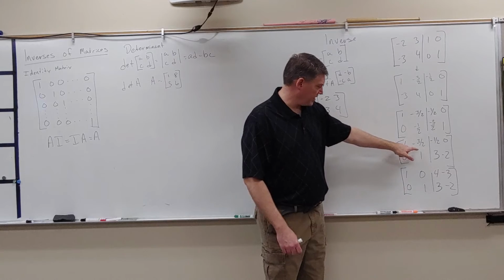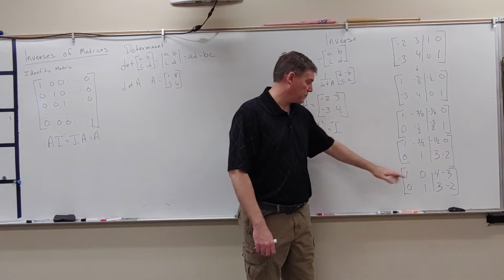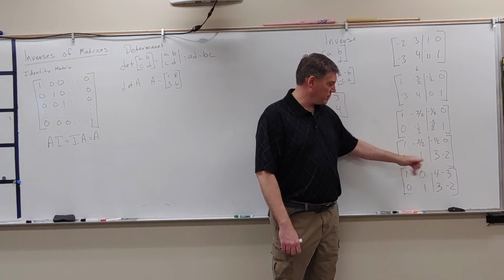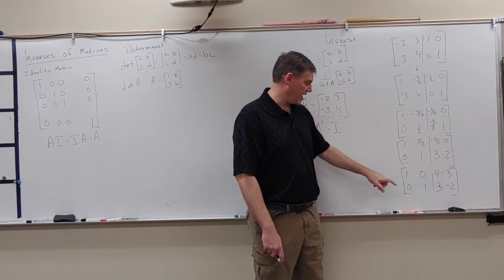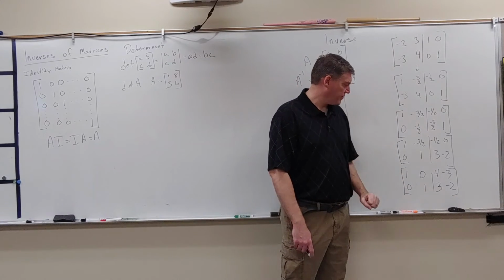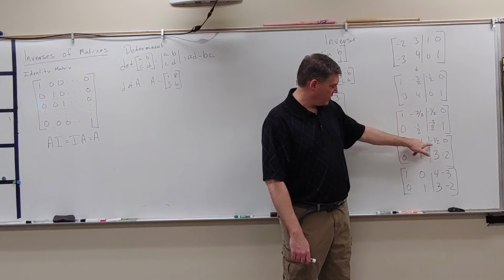Now, I have to get the row 1, column 2 slot to be 0. So I'm going to multiply my bottom row by 3 halves, add it to my top row, so that way I can have 1, 0, 0, 1. And then when I do that, I'm going to multiply by 3 halves.